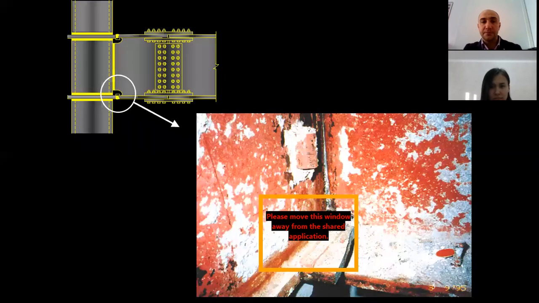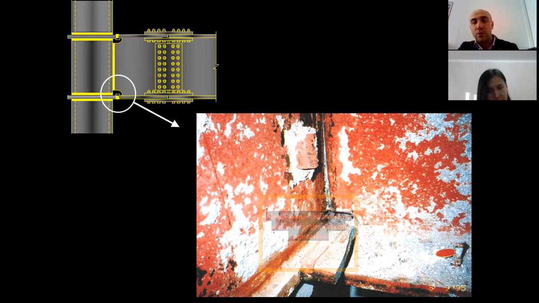Next one is another picture from another earthquake. It is Hyogoken-Nanbu, the Kobe earthquake in 1995.